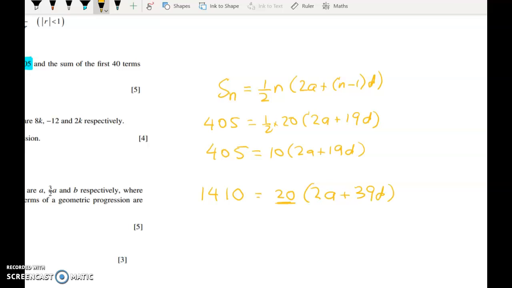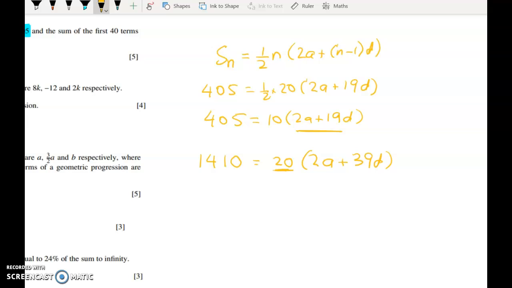Now obviously lots of different ways to go here, but I noticed that I had this here and this here. So doing a little bit of rearranging, I got 40.5 is equal to 2a plus 19d. And then 1,410 divided by 20 gives me 70.5. And that's 2a plus 39d.